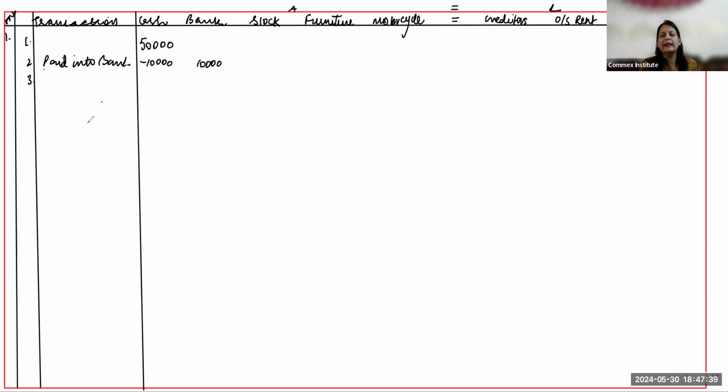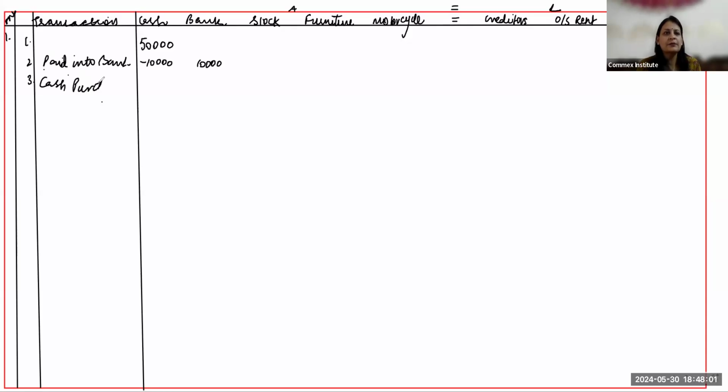You have taken a double sheet. So if you want to write a new equation, you can write it. Otherwise, after the second transaction, I'm skipping the new equation. Then third one, purchase goods for cash and credit. So I'll write the cash purchases first, children.